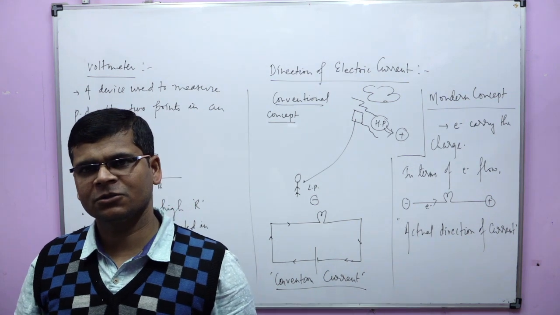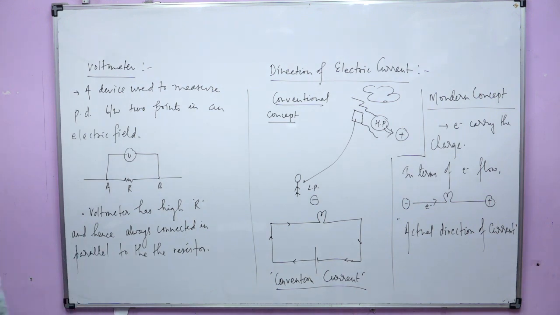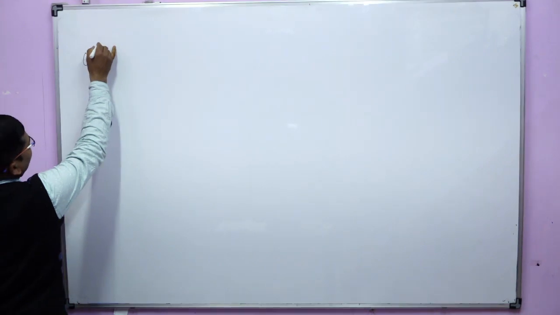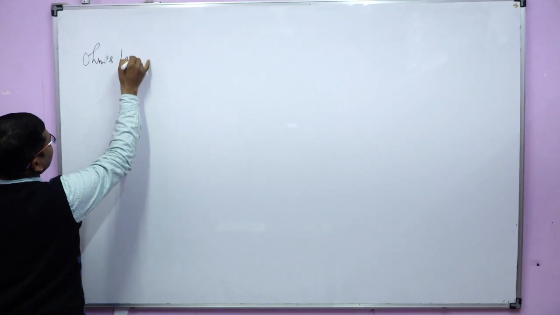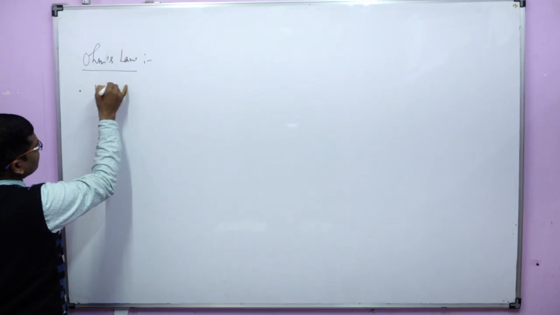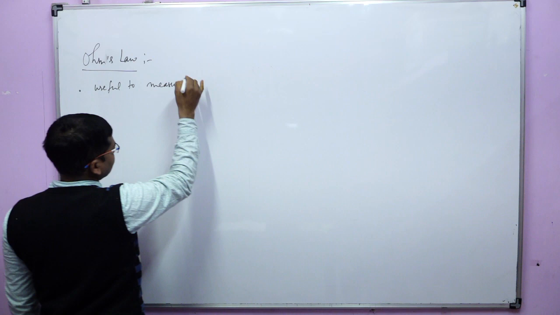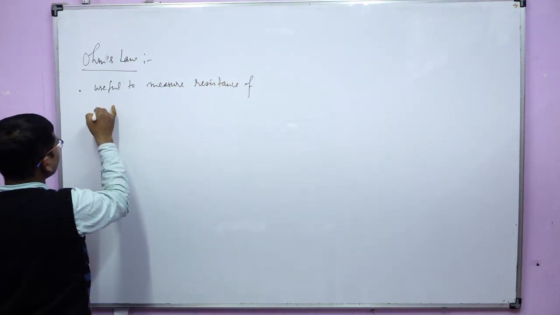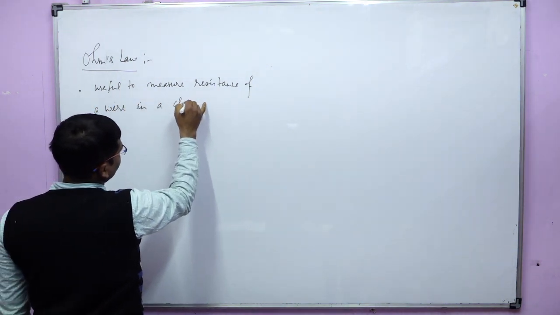We have another short important topic. We will discuss this now. That is Ohm's law. This Ohm's law is useful to measure resistance of a wire in a circuit, in a closed circuit.